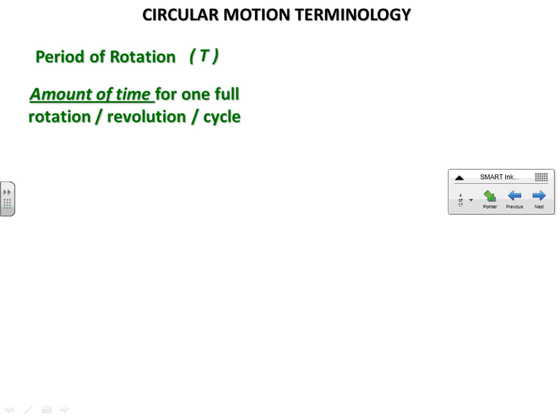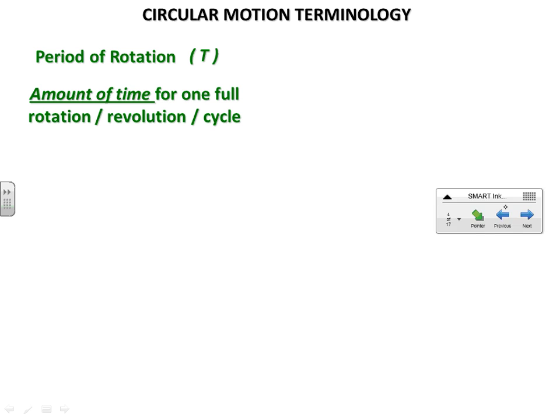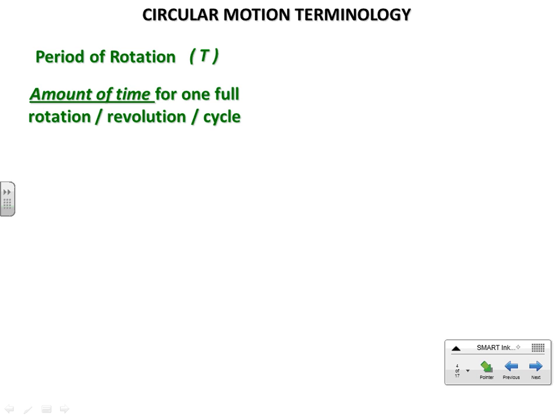All right. Some terminology we need to be comfortable with for circular motion stuff. There are two big ideas. There's the one called the period of rotation, and we abbreviate period with a capital T because it is an amount of time.